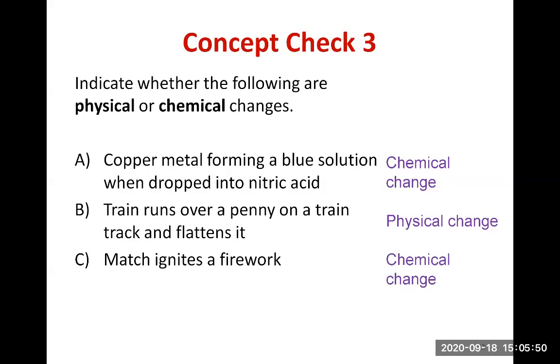Chemical change because the powders that are making up the firework will be burned and will produce those sparks and beautiful firework. And what will be left will be ashes and dust, and it's a different substance afterwards. So this represents a chemical change.